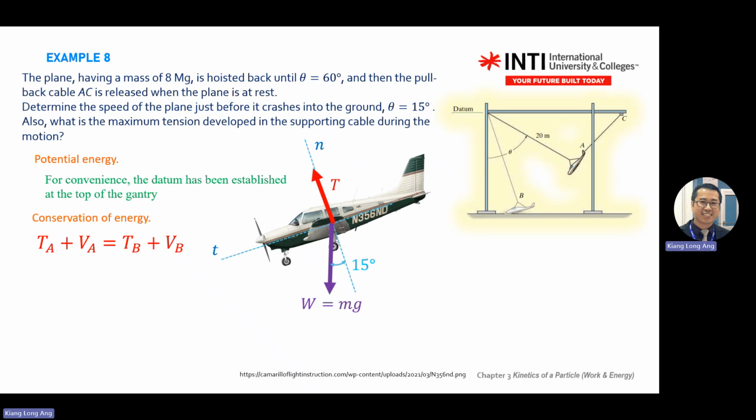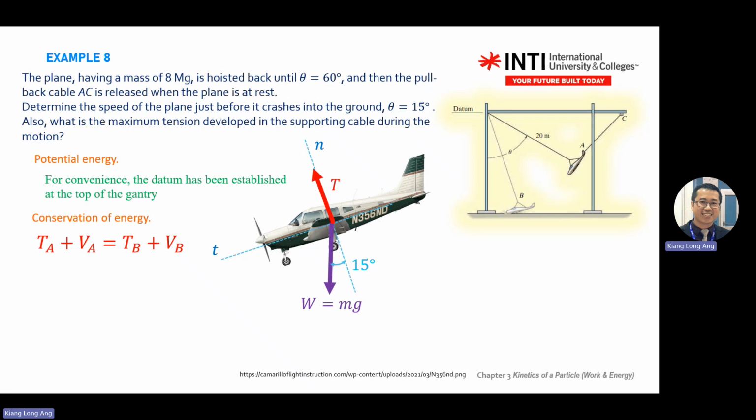What force is non-conservative? I gave you 3 examples just now, right? 2 are conservative, 1 is non-conservative. The weight is conservative. Spring is conservative.